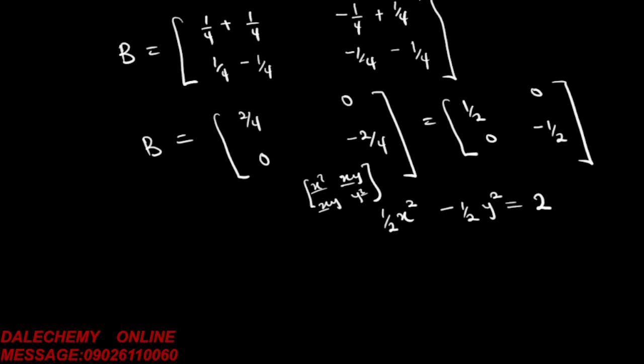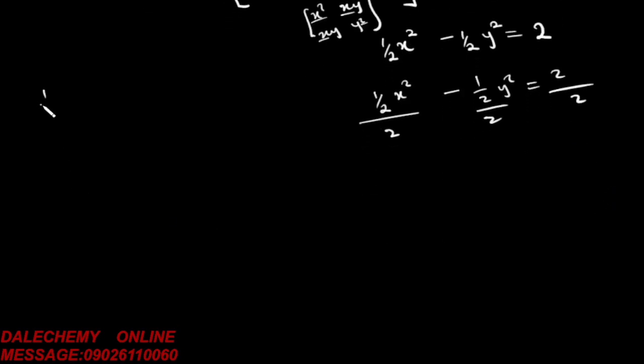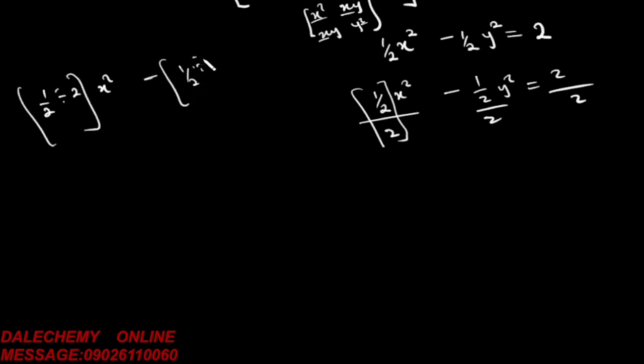Now to find the central conic, let us divide both sides by 2. So that will be 1 over 2 x squared divided by 2, minus 1 over 2 divided by 2 y squared, equal to 2 divided by 2. So we have 1 over 2 divided by 2 x squared, minus 1 over 2 divided by 2 y squared, equal to 1.